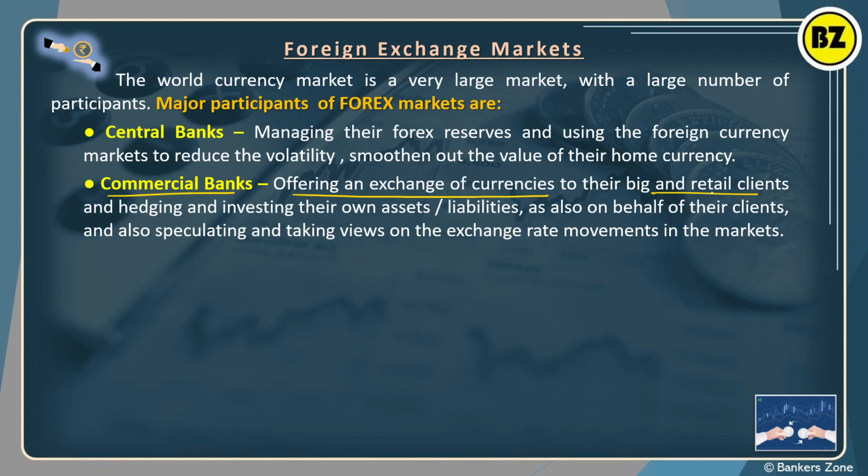Either they can use their funds for investing in their own asset or liability, or on behalf of their clients they can invest in other companies also. Also, speculating and taking a view on exchange rate movement in the market. So commercial banks, say SBI, ICICI, can guide their customers on the possible movement in the market, so you can invest in which currency. That can be done by the commercial bank.